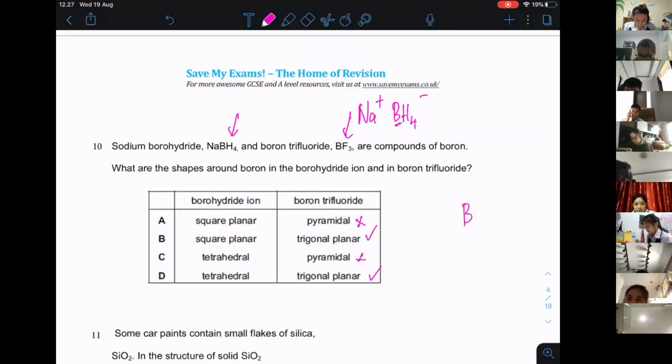So they will join with 3 hydrogen first, 1, 2, 3, and then what happens to another H here, H minus, so they have electrons, and then they join over here. They give the electron pair to boron, so boron is accepting those electron pair. So what happens total, you have 1 2 3 4 bonding pair. So if you have 4 bonding pair, that's automatically going to be tetrahedral.